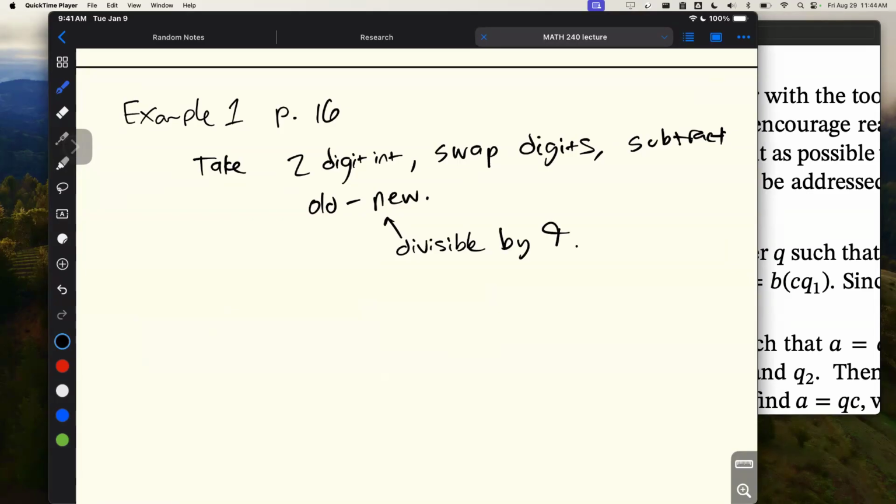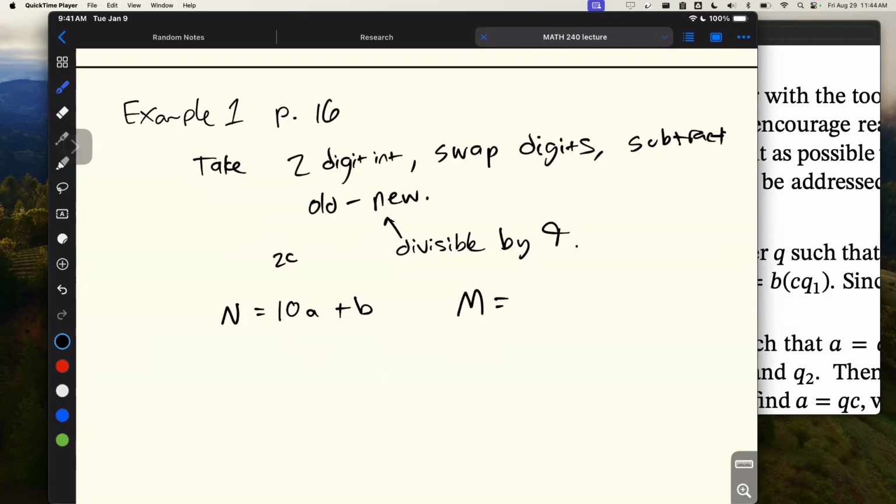So I'll write out the steps for how we get there. Let the old be n, and it's got digits a and b. The new is m. So we write n as 10a plus b because we live in base 10.